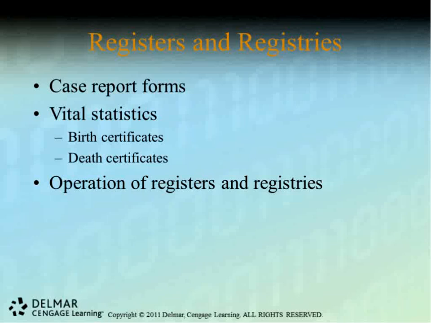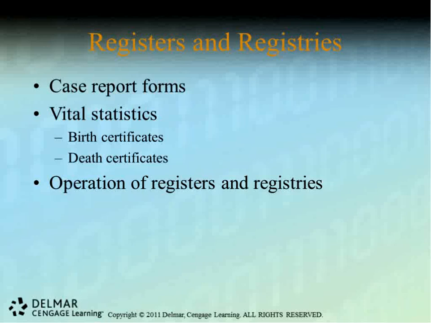Your National Center for Health Statistics is your office on the national level, that's a federal agency, but you also have vital statistics offices on the state level. And then you have your hospitals and other organizations that report that information to the state, and that state forwards that information to the National Center for Health Statistics.